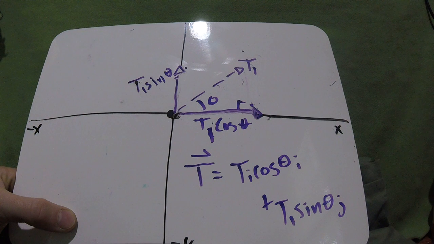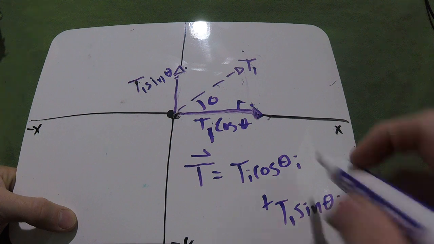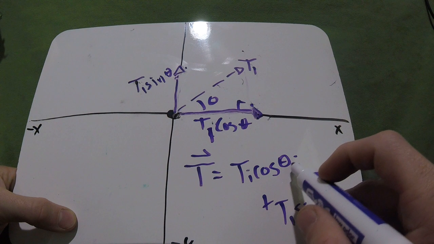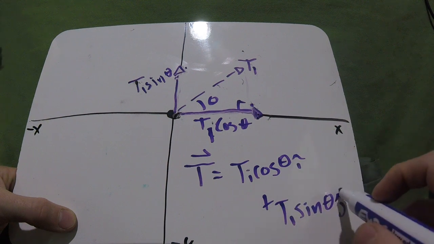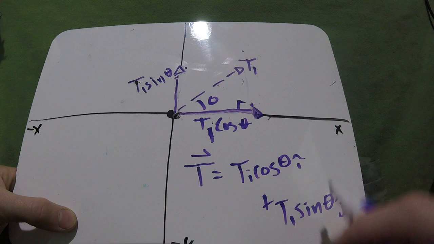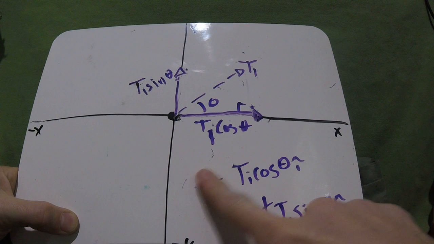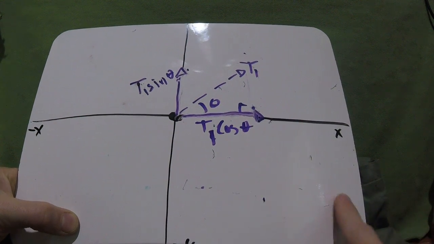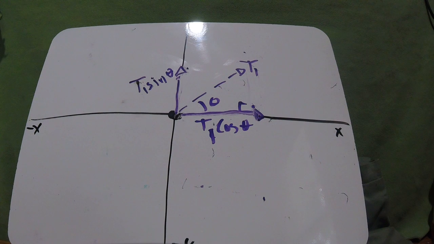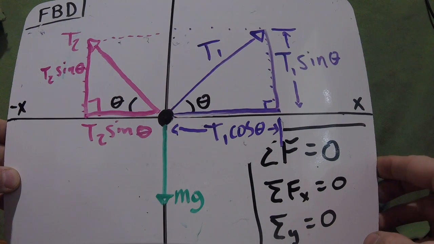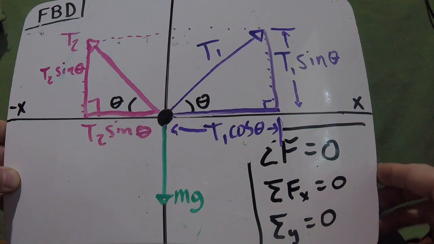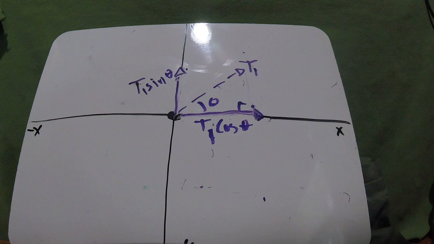For anybody who really wants to look it up, this just means this is the magnitude of the force acting in the i direction, i hat direction, which is a fancy way of saying the x direction. And this is the magnitude of the force T1 acting in the j direction, which is another fancy way of saying the y direction. Okay? So with this, we've defined T1 exclusively in the x and y direction.